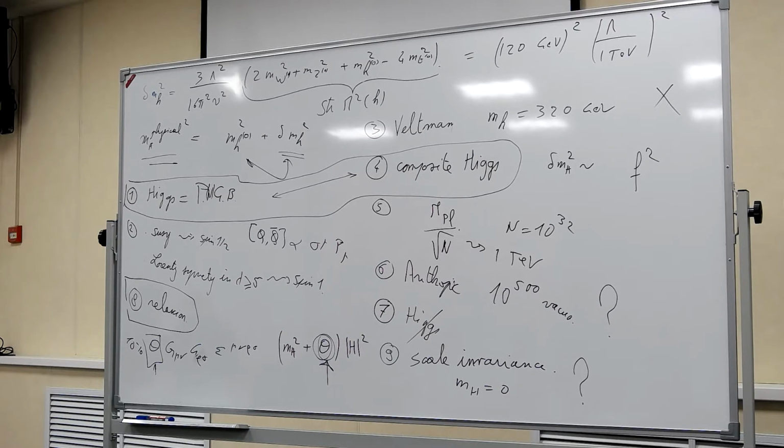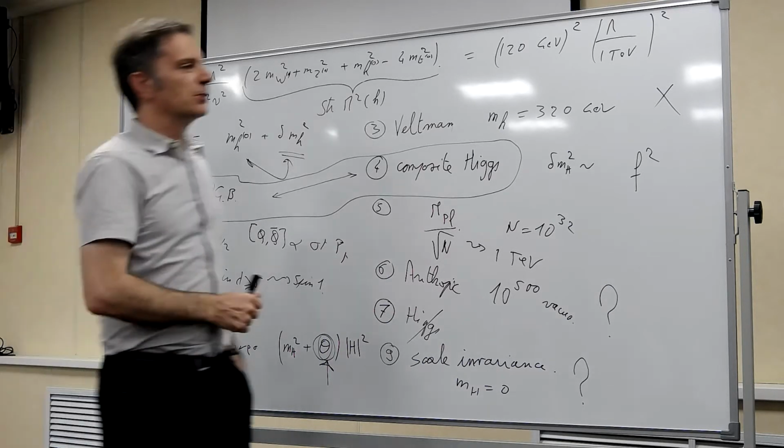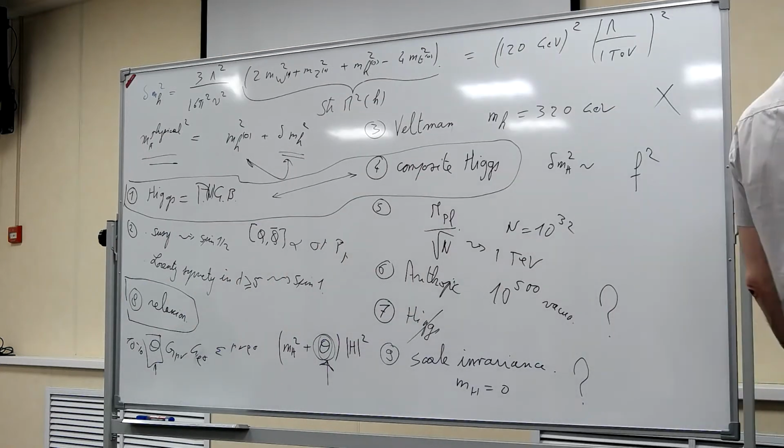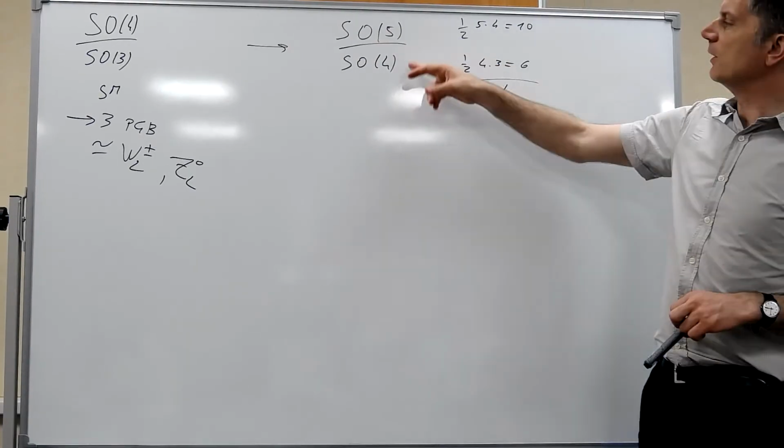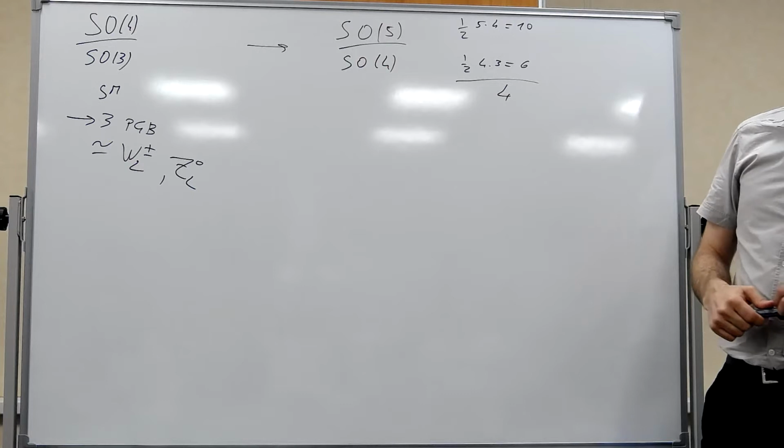Let me say that an element of the group, we write it as R equals the exponential of i T^A, and this has to be a matrix such that its transpose is also its inverse. That's the definition of the SO group, right? So if you expand it, i T^A transpose plus T^A has to vanish.